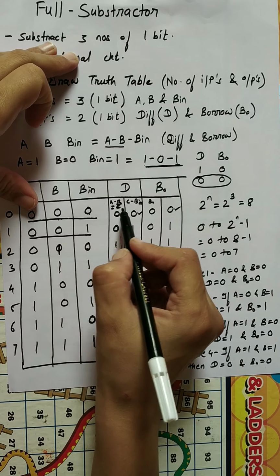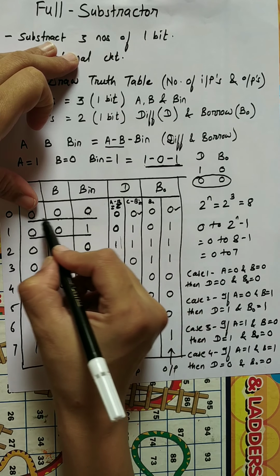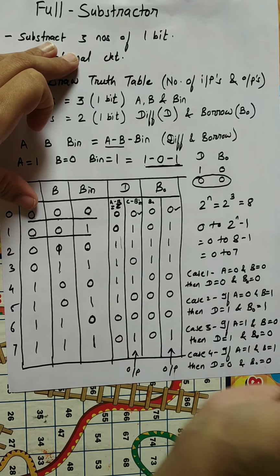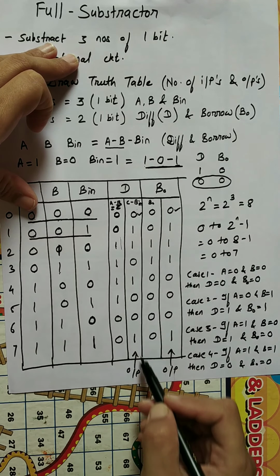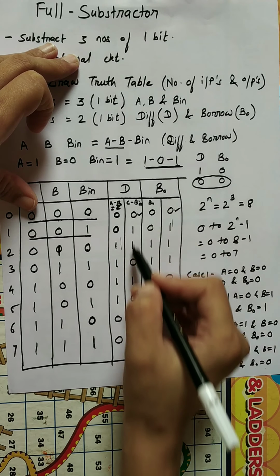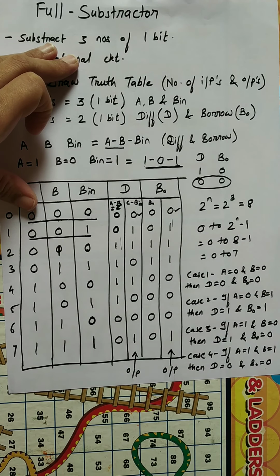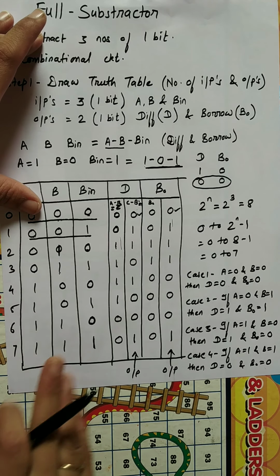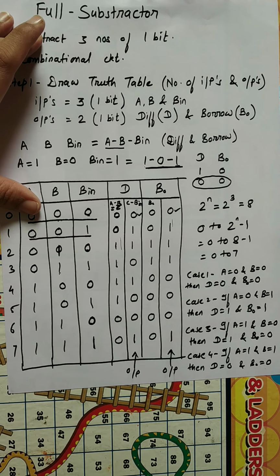I have to subtract the output of these two numbers with this number, right? And whatever the output I will get, this is my actual output. These two columns are my actual output, right? So this is how the truth table will be for full subtractor.